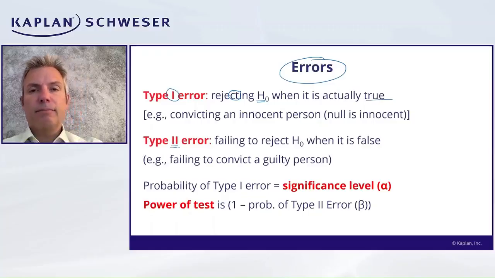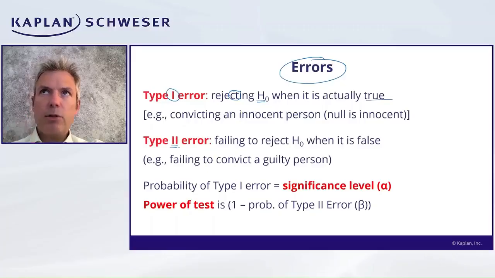Now, these are quite difficult to remember, but what I would recommend is that you just think, look, there's only 2 types of errors, type 1, type 2. You make these errors based on the result of your test. So do your test and you either reject, notice I've circled that C there, or you fail to reject the null. Now, failing to reject the null, you never prove that the null is true.